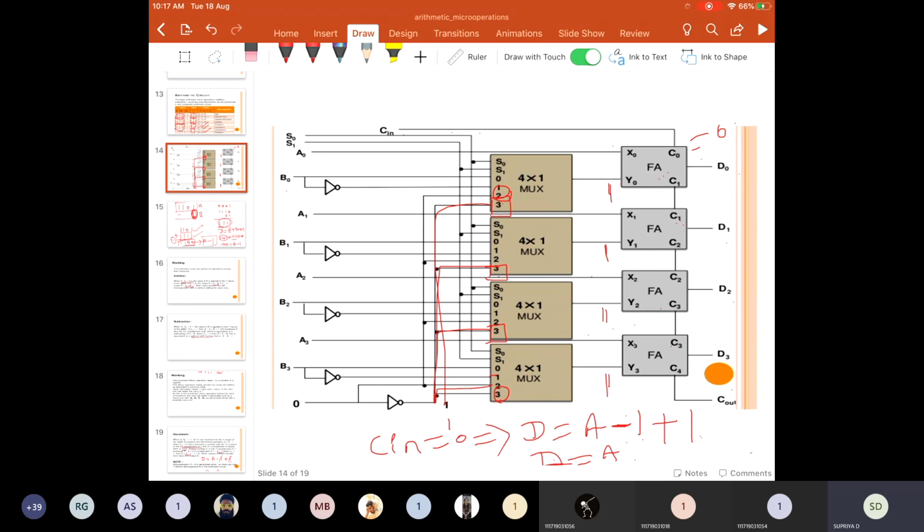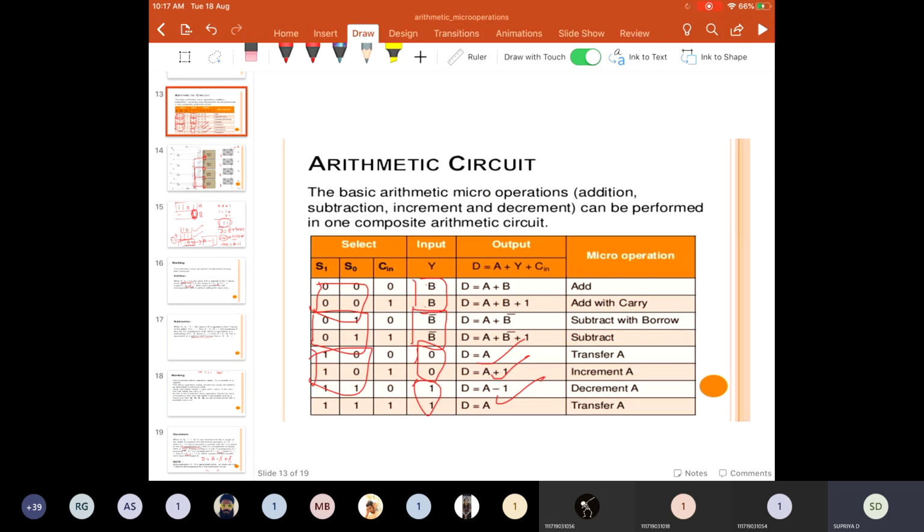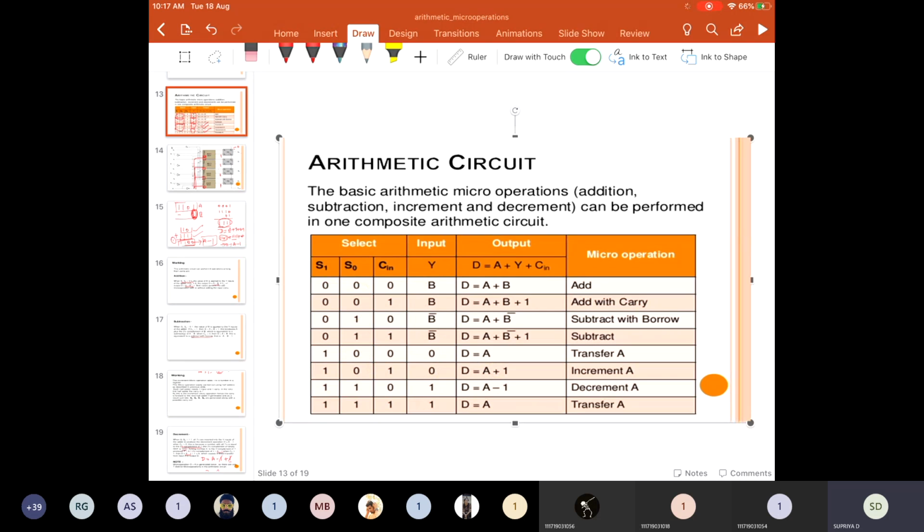For each multiplexer, the output is obtained by one function D. D equals A plus Y plus C in is the output that you are getting from each multiplexer in an arithmetic circuit.